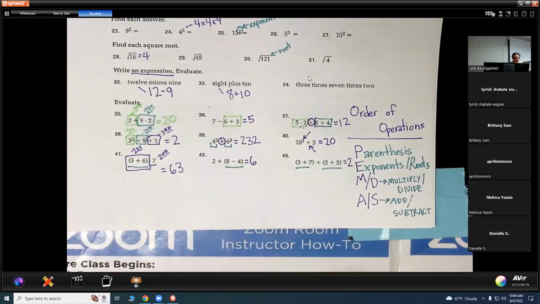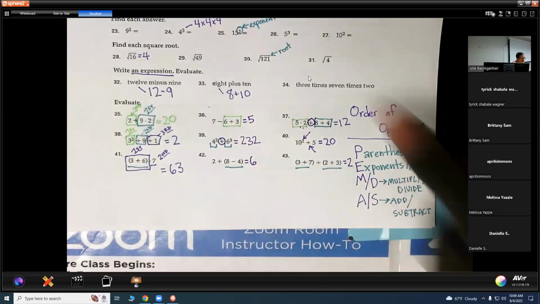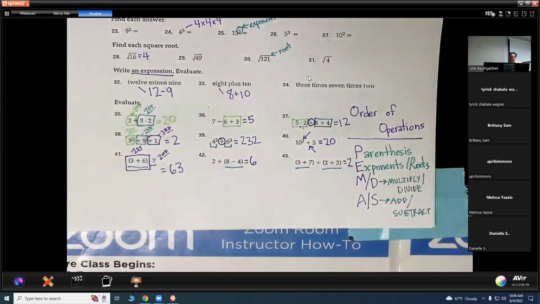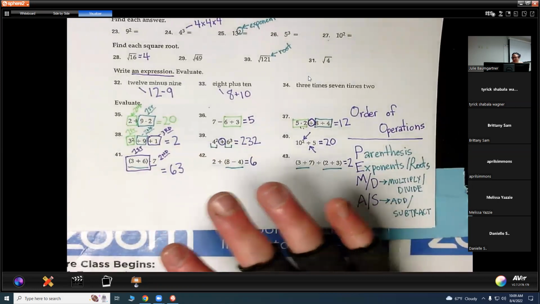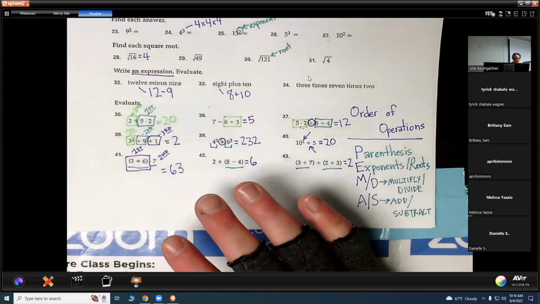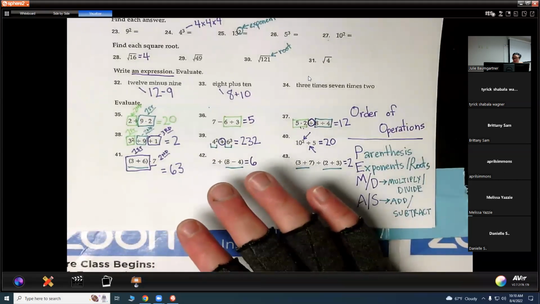So is everyone still feeling good about just numerical expressions? Does everyone feel good about following the order of operations? Thank you, Brittany. Are there any questions? Does anyone feel like this was shaky? You can tell me in the chat, because I can definitely give us a little bit more practice here.